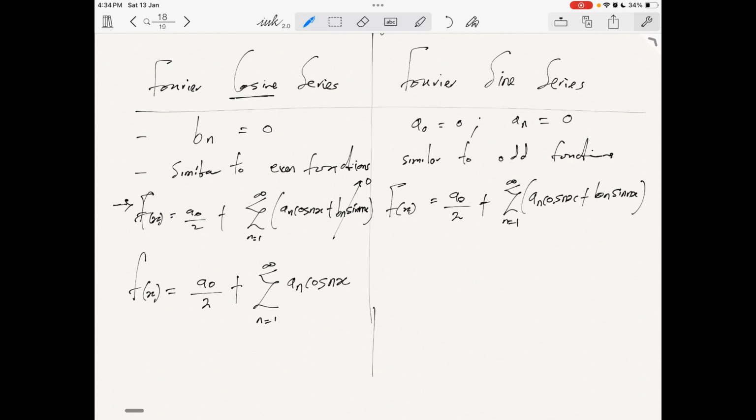So a naught is 0 and an is 0. So this is 0 and this is 0. So we are left with summation from n is equal to 1 to infinity of bn sine nx.